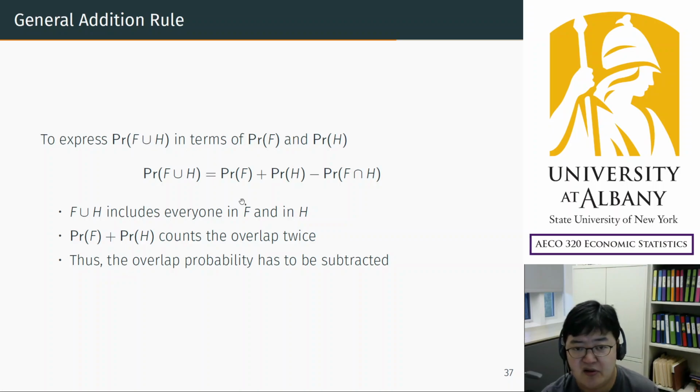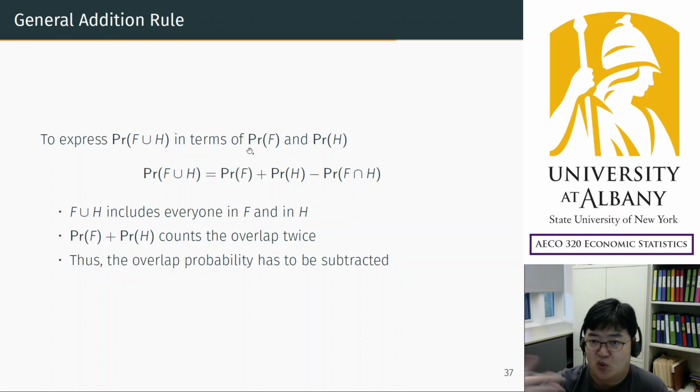What is the probability that F or H happens? If you want to express this using the original probabilities, we can write the probability of the union as the sum of the original probabilities minus something. This is new.